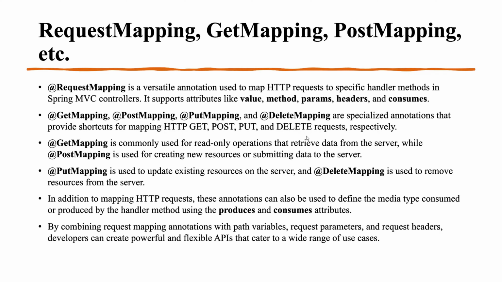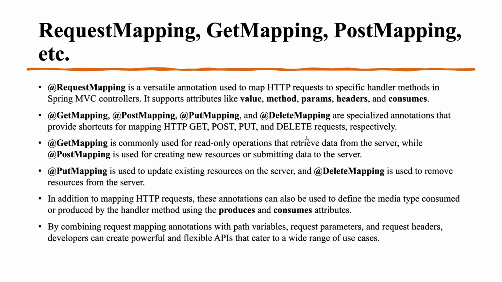Request mapping and its specialized variants support flexible mapping options, allowing developers to define complex URL patterns, handle multiple HTTP methods for the same endpoint, and specify request parameters or headers as conditions for mapping.